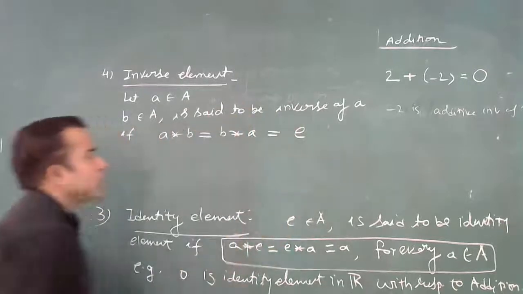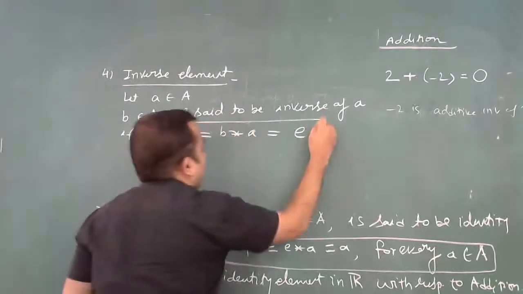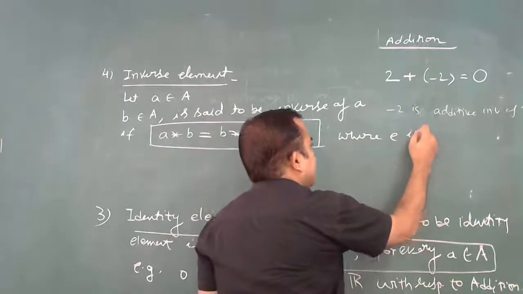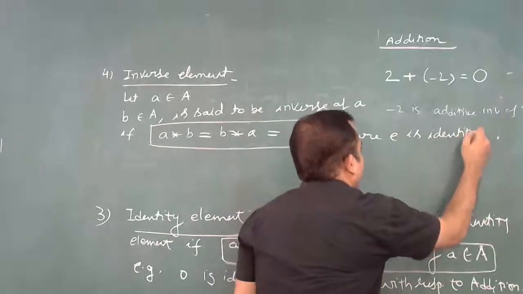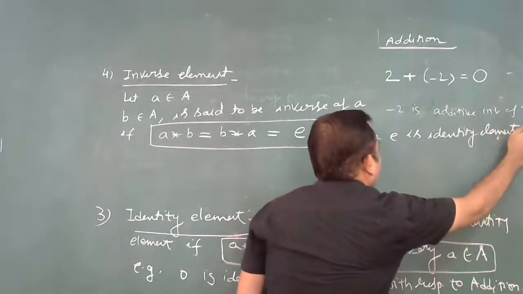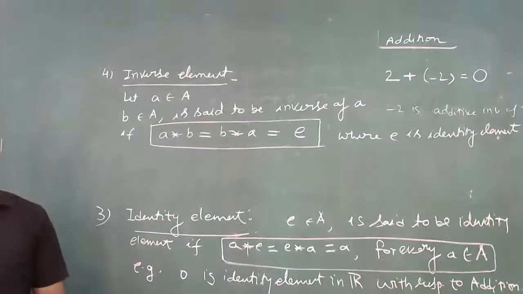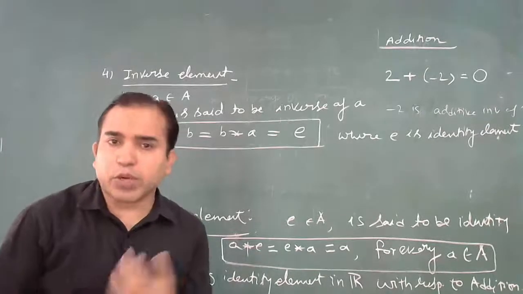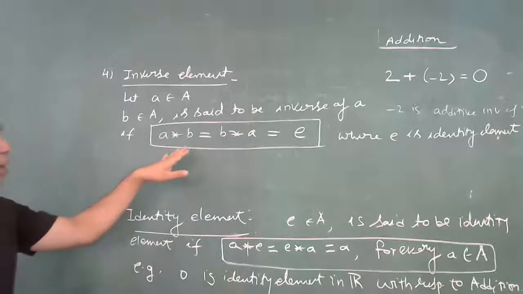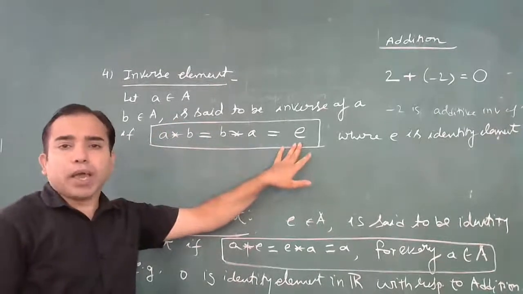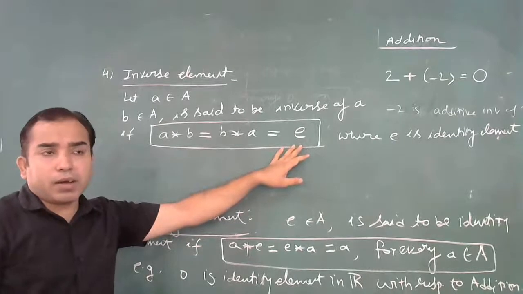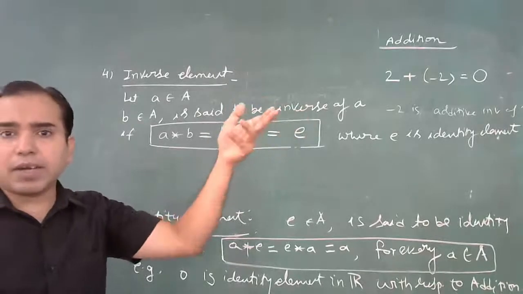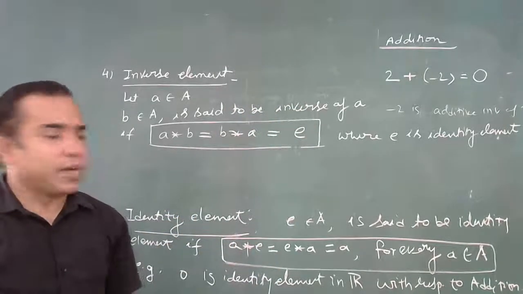You should get identity element, where E is identity element. Right. B is said to be inverse of A, and conversely, if A star B is equal to B star A is equal to identity element, right? Inverse may not exist necessarily for all the elements, right? Sometimes may exist, sometimes may not exist, right?